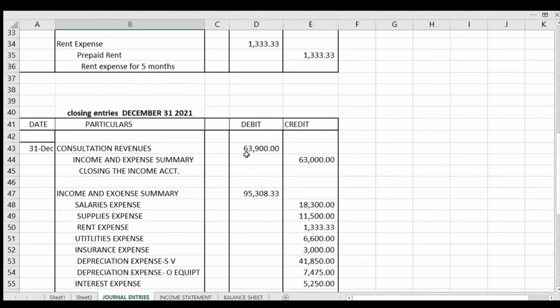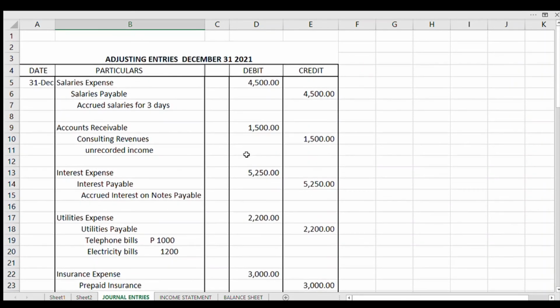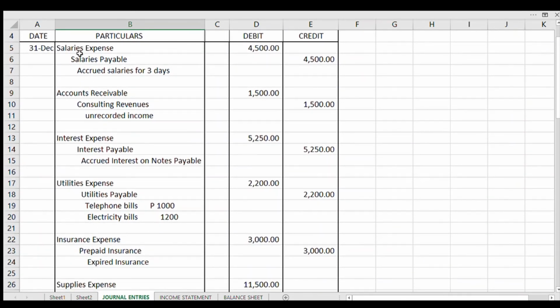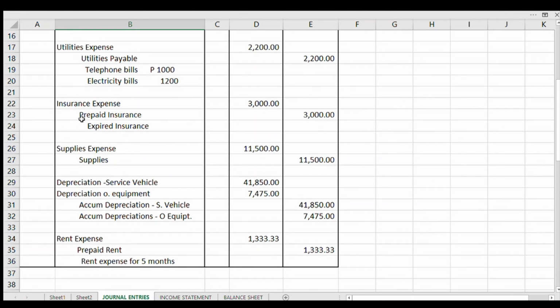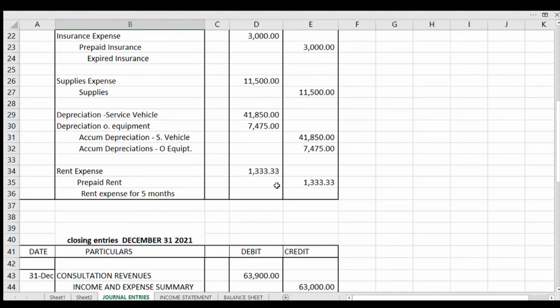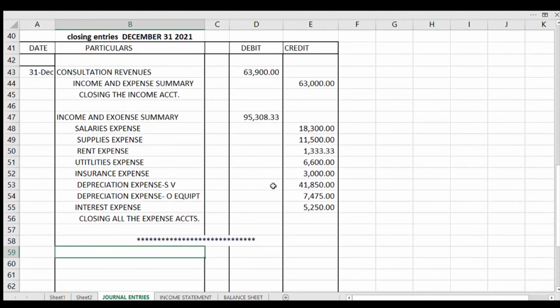We've just finished doing the adjusting entries as follows: accrual of expense, income, and the deferrals for the following accounts. And also we have just shown you what closing entries will look like.